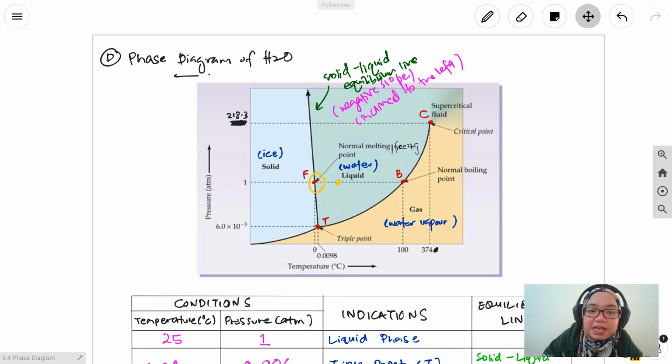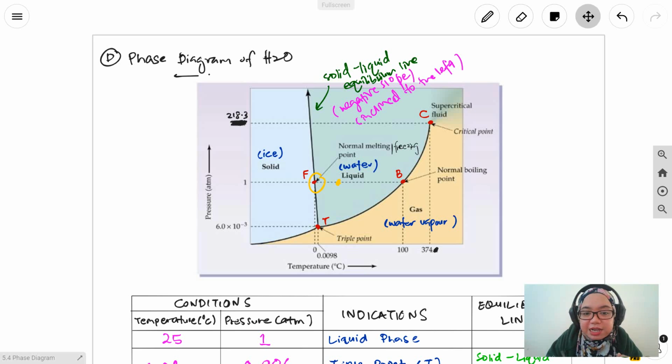Maksudnya, ice ni dia boleh melt at lower temperature and at higher pressure. Tengok kat line dia ni.